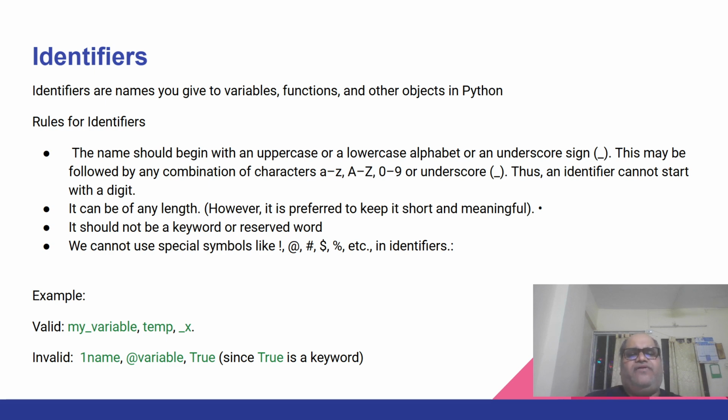Now, what could be a valid identifier? The rules for valid identifiers are listed here. The name should begin with an uppercase or a lowercase alphabet or an underscore sign. So these are the only three possibilities.